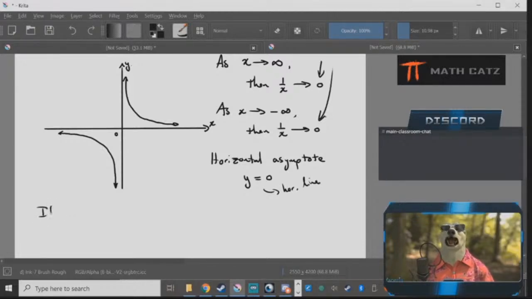So I'll say if x approaches 0 from the right, then my y value approaches infinity.